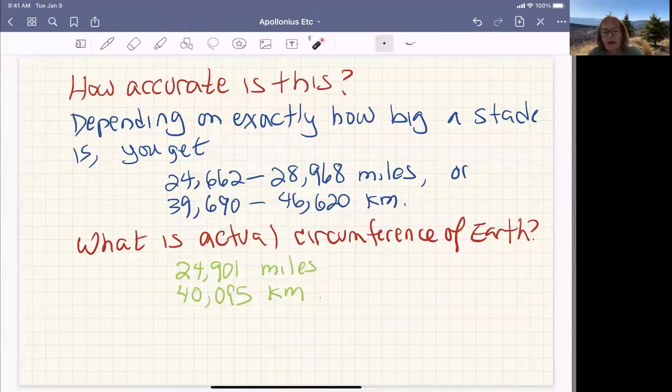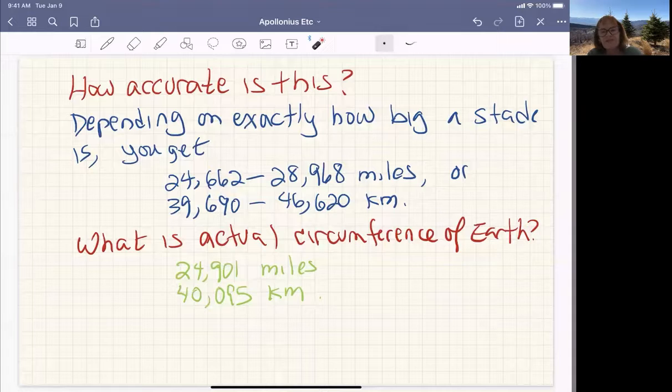What's the actual circumference of the Earth? 24,901 miles. So if the stade is on the lower end of the estimate, that is a surprisingly accurate number.